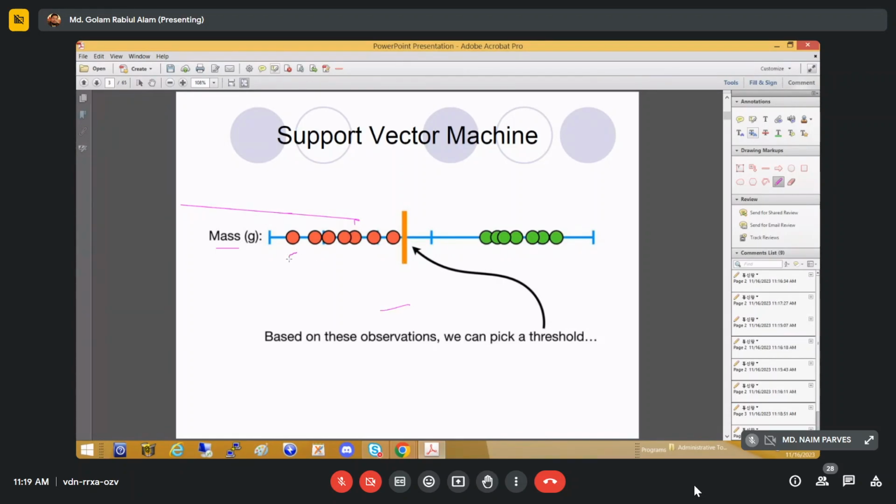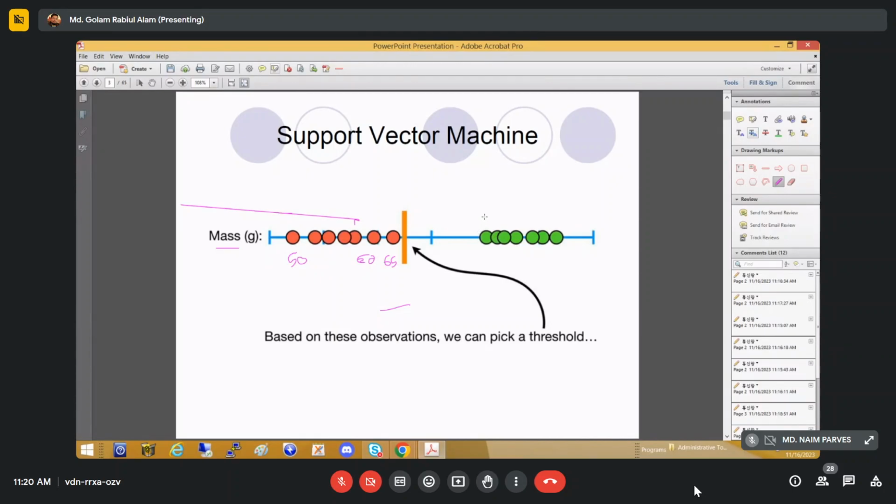Now consider that this is the 50, and maybe this is like 60 kilogram, in kg. And this is like maybe 65 kilogram of weight.